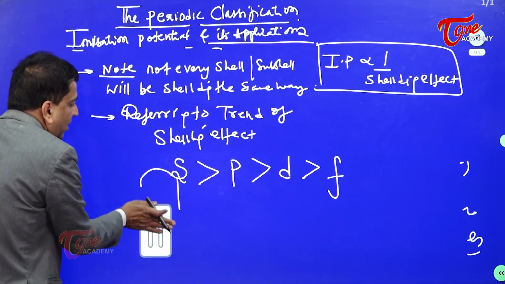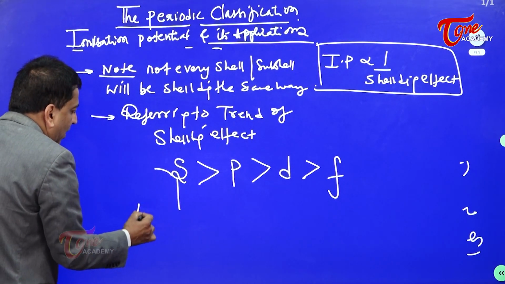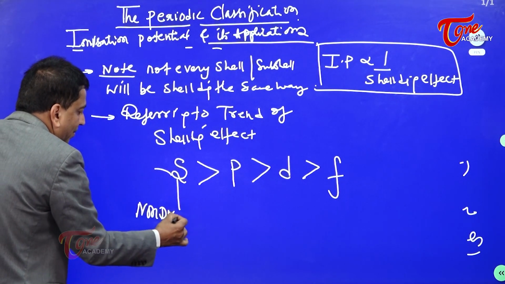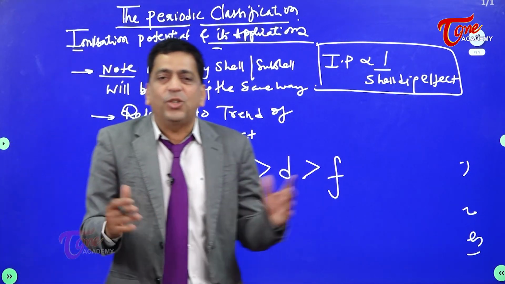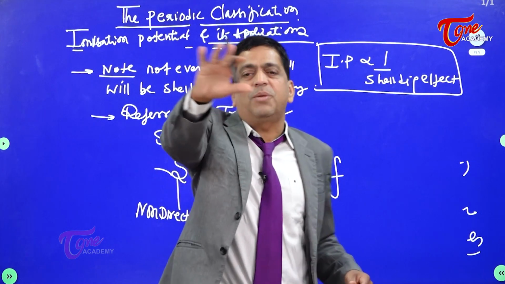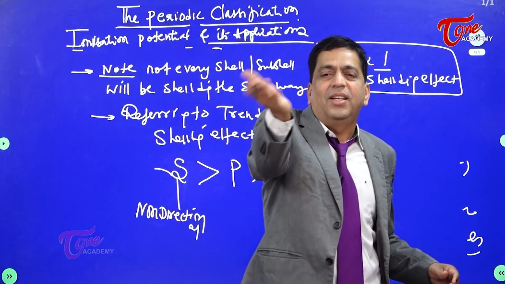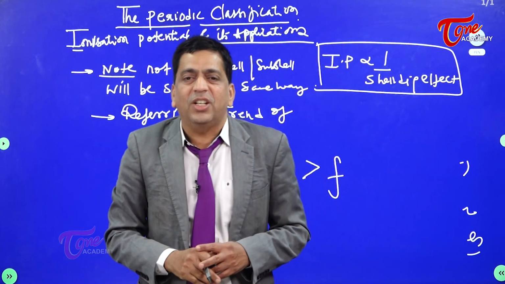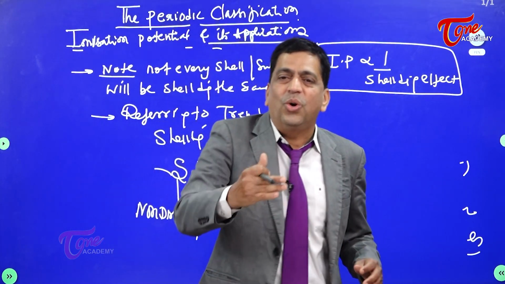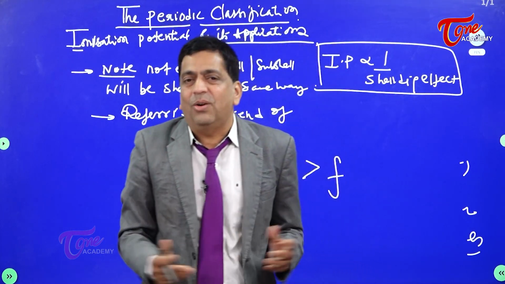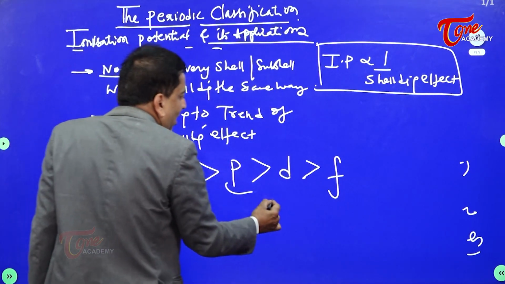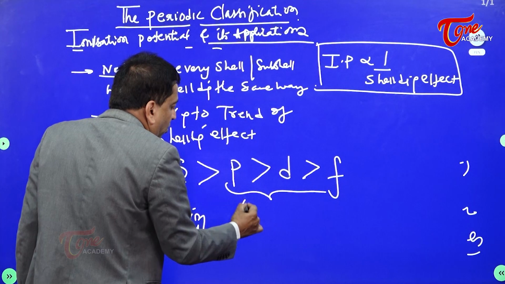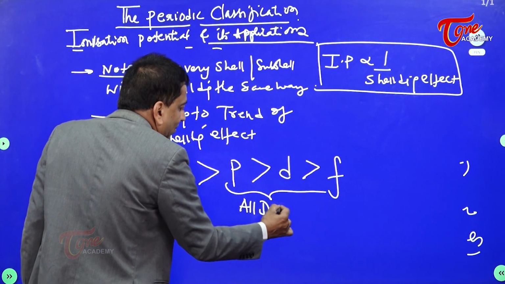When I say symmetrical, it's basically non-directional. S orbital is non-directional, so it's symmetrically distributed around the nucleus. So the nuclear force of attraction has lesser scope to go and add on to the outermost shell. Whereas p, d and f are all directional orbitals.